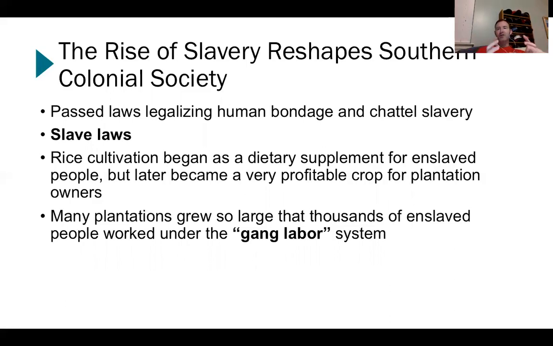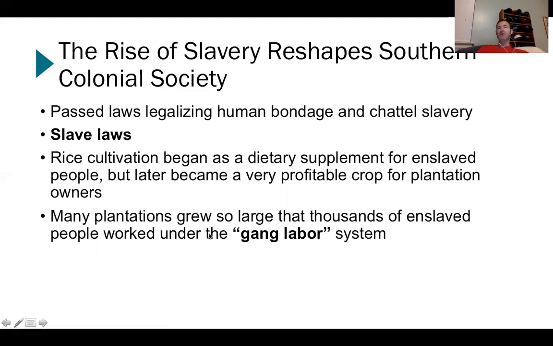It is going to have a dramatic effect on Southern society. We'll talk about social effects next time. Very important. Okay, so rice cultivation began as a dietary supplement for enslaved people, but later became a very profitable crop for plantation owners. So they're going to see, okay, we're going to feed it to our slaves, etc. But you know what? It's going to bring in money too. Again, that idea is big.